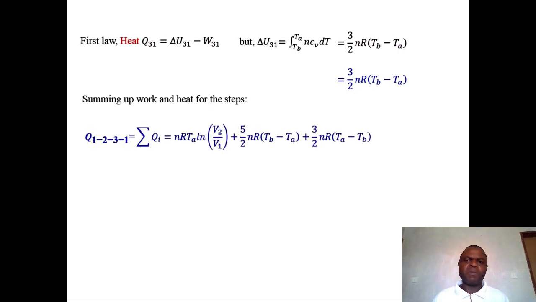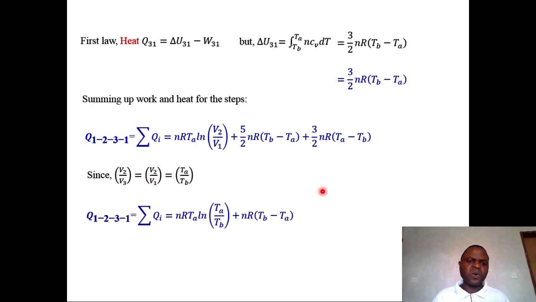We can now sum all the heat from 1 to 2, 2 to 3, and 3 to 1. We can also sum the work done in those processes. For the heat, we get this part, the first part, the second part, and the third part, and it can be simplified to nRT ln of TA over TB plus nR(TB minus TA).